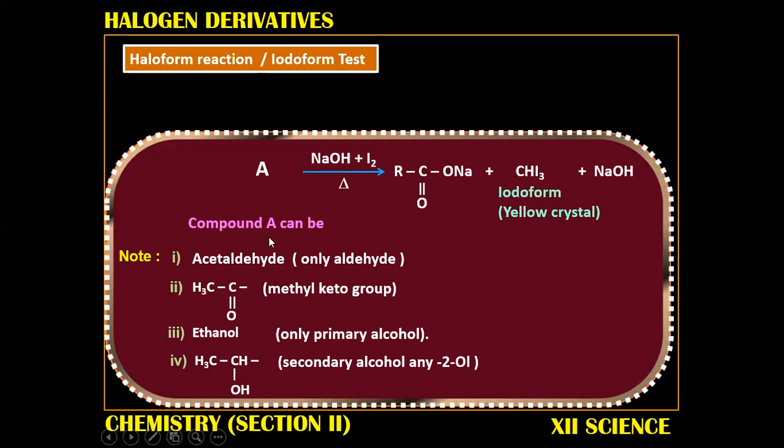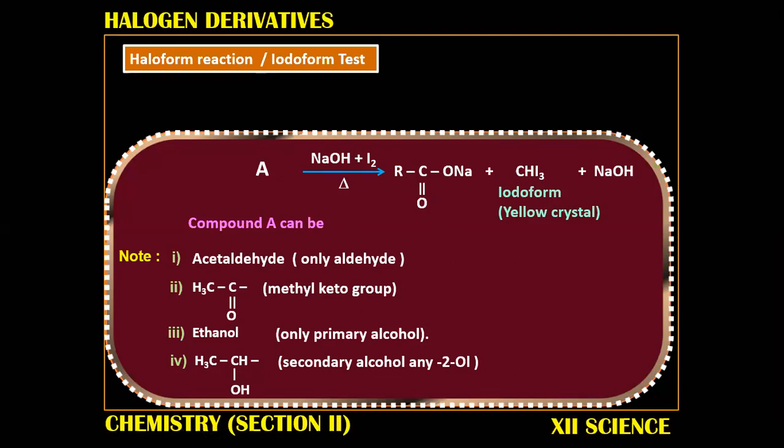In MCQ, in HSC as well as NEET JEE, everybody has to know this iodoform test. Compound A with NaOH and iodine gives iodoform yellow crystals. So what can this compound A be? Compound A can be any one out of these 4. In aldehyde it can be acetaldehyde or ethanal.